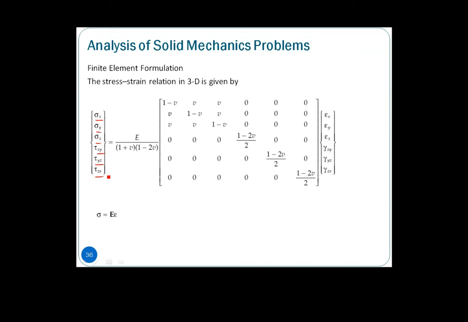So from just now, 3 times 3, our so-called E itself is a 3 times 3 matrix. Now this is what we call a 6 times 6 matrix.